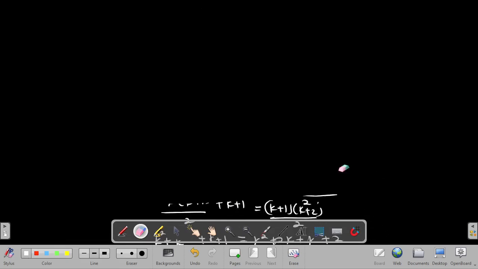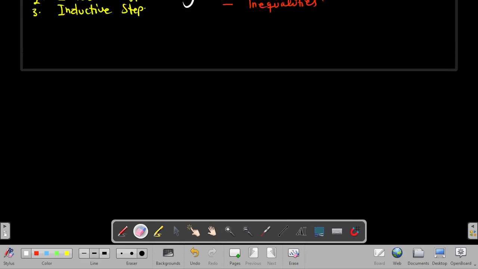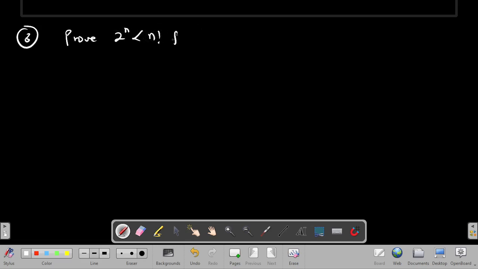So my problem 3 says: prove that 2 to the power n is less than n factorial for n greater than or equal to 4. This is another problem, but here you can see it's a combination of an inequality and a factorial. How do we use mathematical induction?